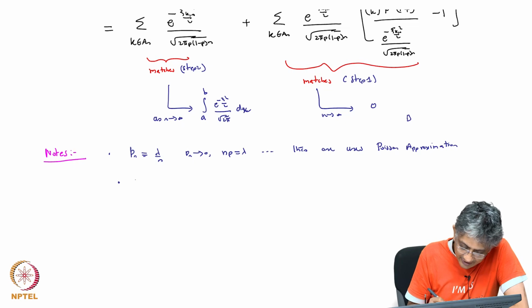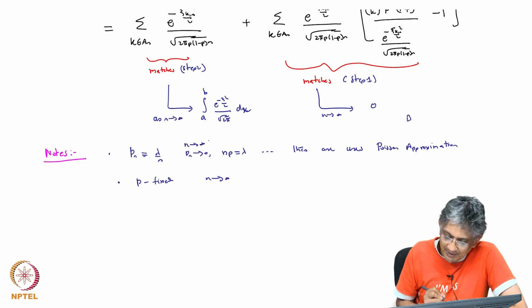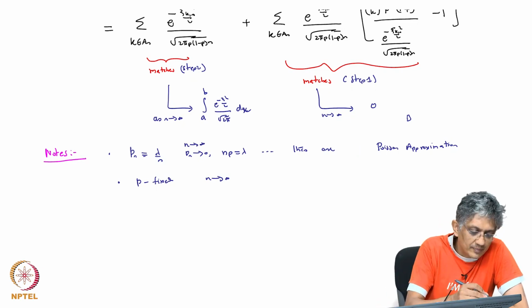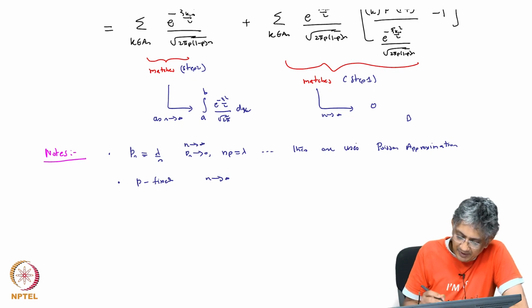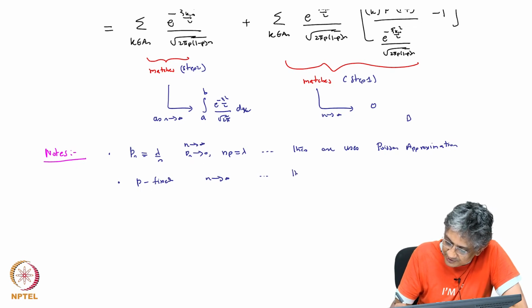Then the next thing to understand is that when p is fixed and n goes to infinity, one uses the normal approximation.